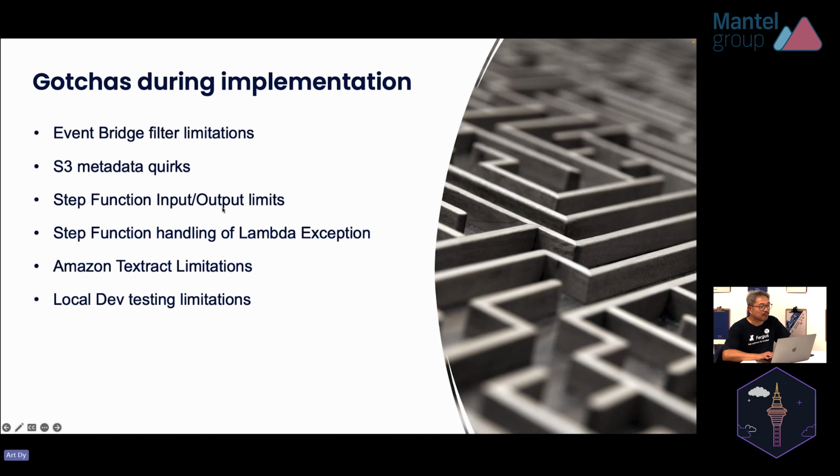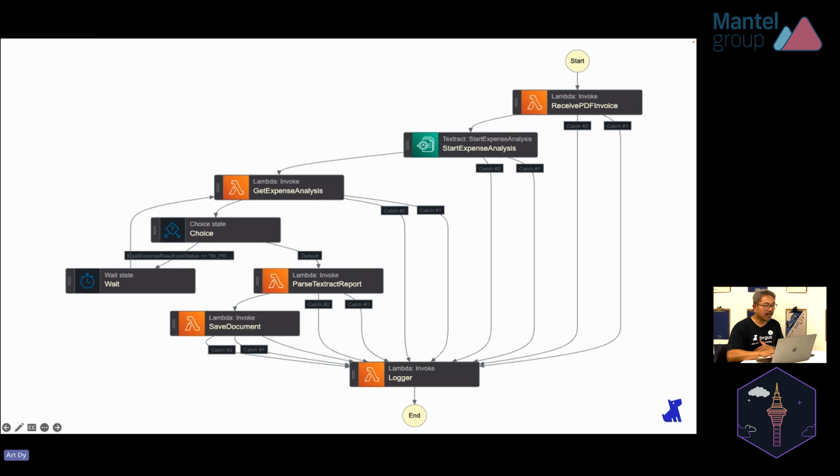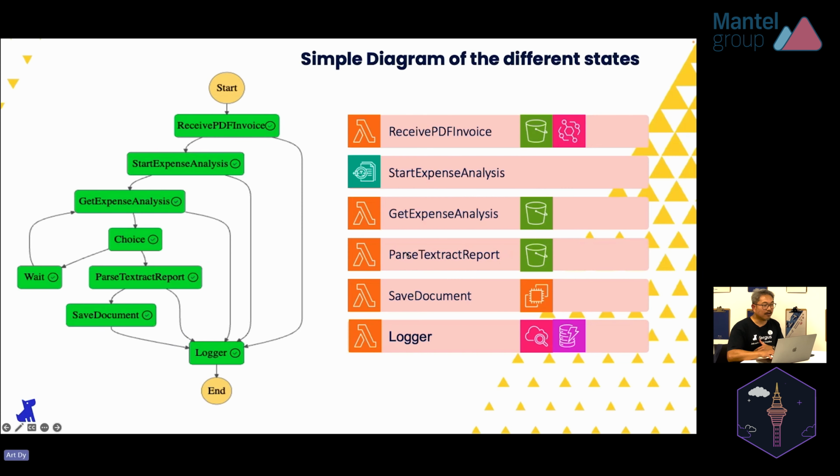Step function input output limit. Every step has an output for the next step, and the next step will receive it as an input. There's a hard limit of 256 kilobytes for each step. If you remember previously, we had the get expense analysis. We eventually used a lambda function instead of one of the services for that.